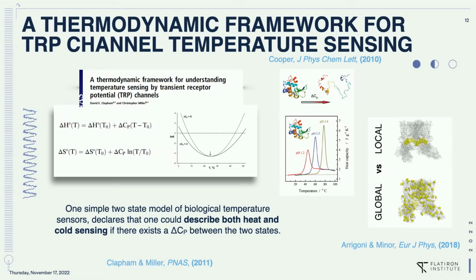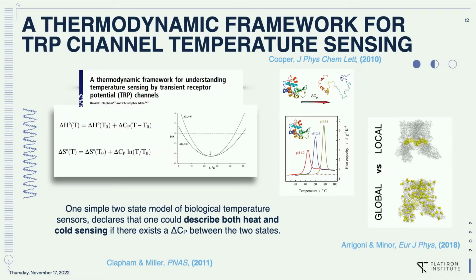Somewhat as a subsequent follow-up to this paper, and given that there's a lot of experimental evidence that has found many individual point mutants that affect TRP channel temperature sensitivity, we've never found the temperature sensitive module in these channels.